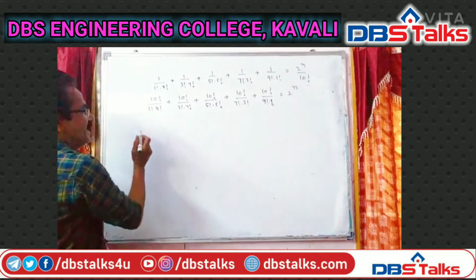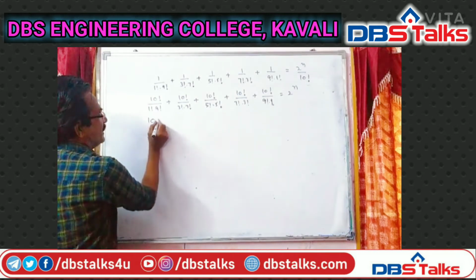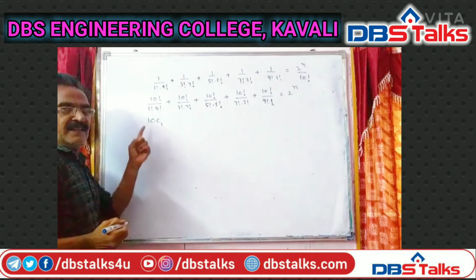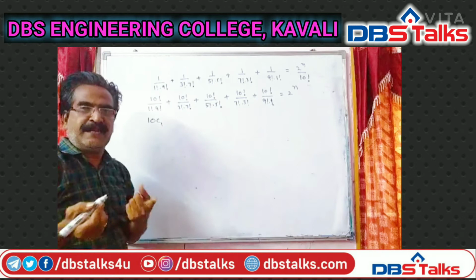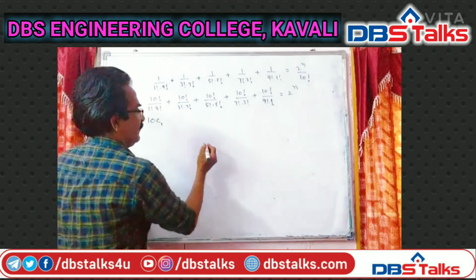This is 10C1. How do you write 10C1? nCr is n factorial by n minus r factorial into r factorial. Right, friends?